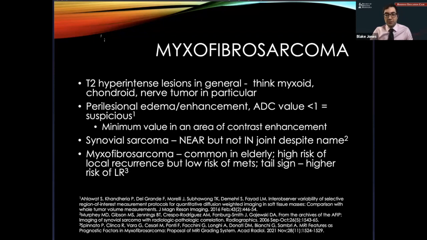What I was alluding to, although that little area of central necrosis was correct as something that makes you think the lesion is suspicious, is this tail sign, which has been described in myxofibrosarcoma and is useful in other lesions as well. But in myxofibrosarcoma specifically, it connotes a higher risk of local recurrence.